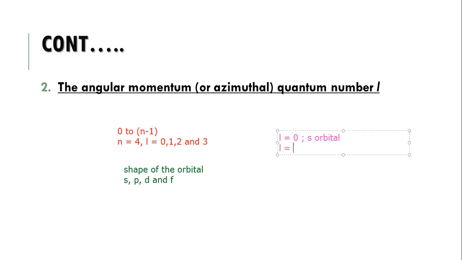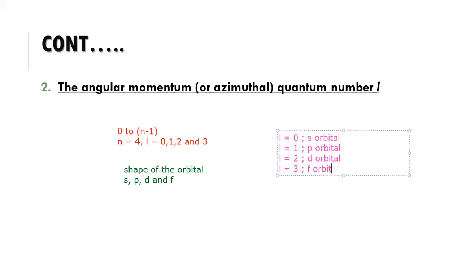If L is equal to 2, that is the d orbital. The final one, L is equal to 3, is the f orbital.